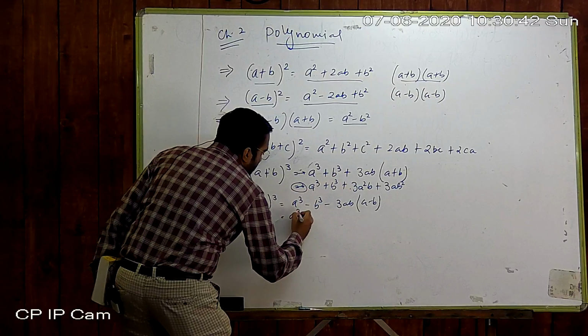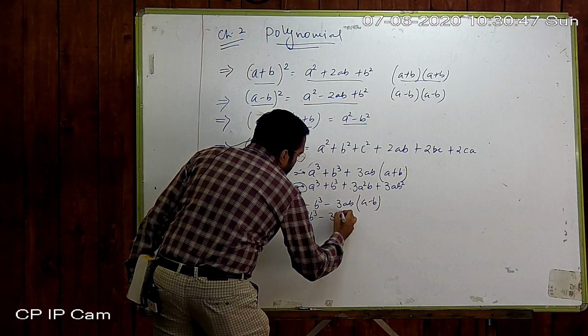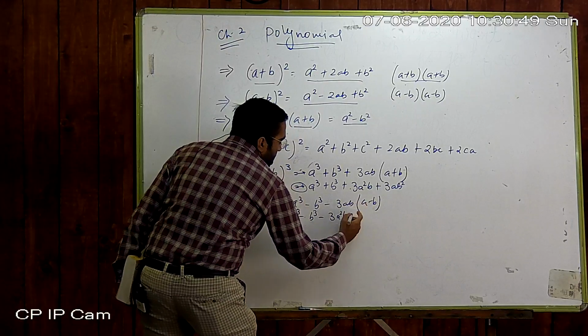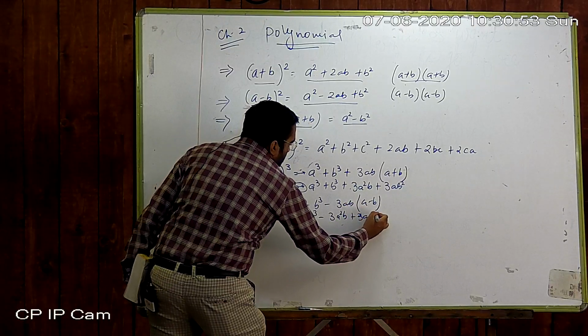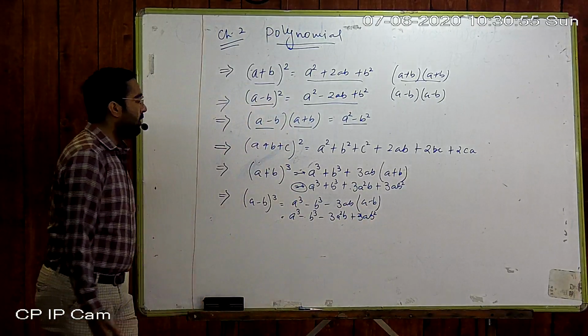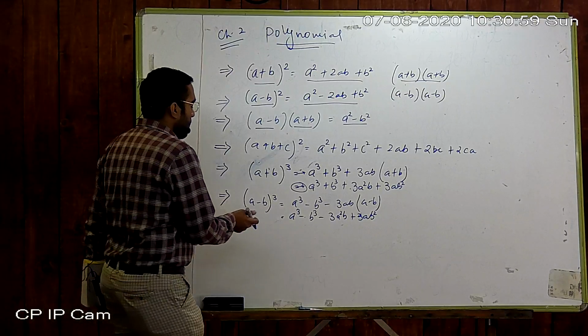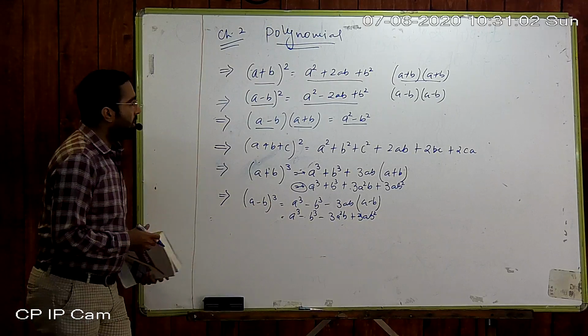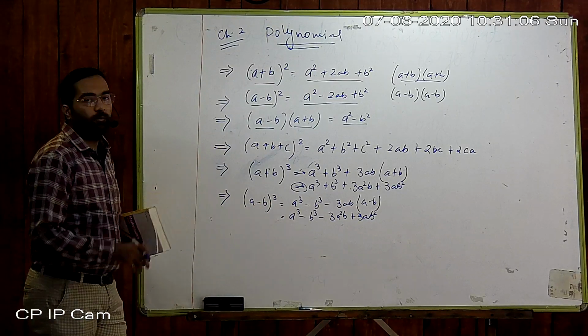So second formula is a cube minus b cube minus 3a square b plus 3ab square. You have to write any one of the formulas. Understand? Clear?